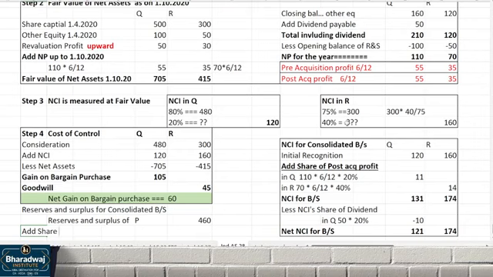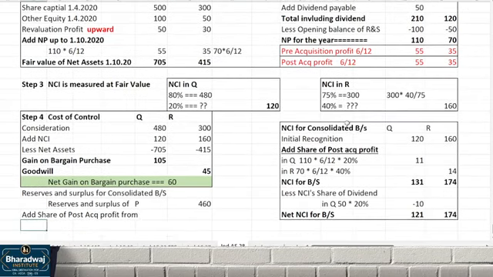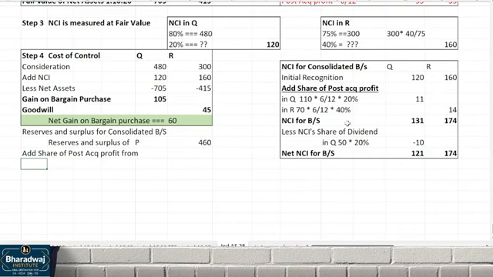Add share of post acquisition profit from P or from Q. How much share will we take? What is the share of post acquisition profit from Q? We have put 110 into 6 by 12, that is 55, into what percentage? 80%.